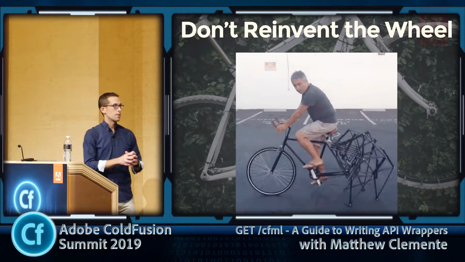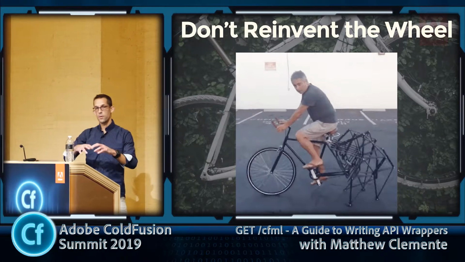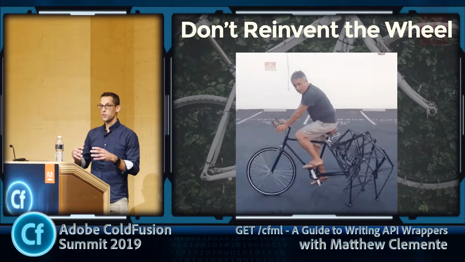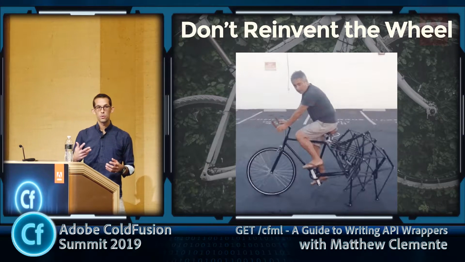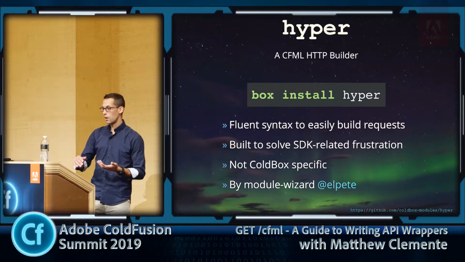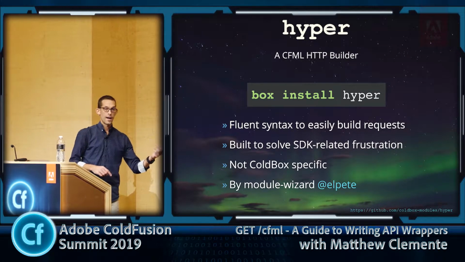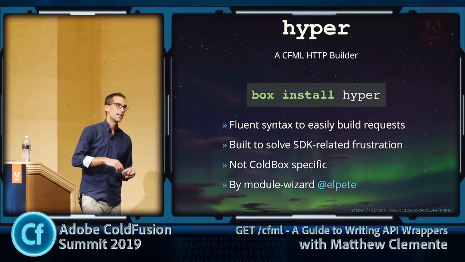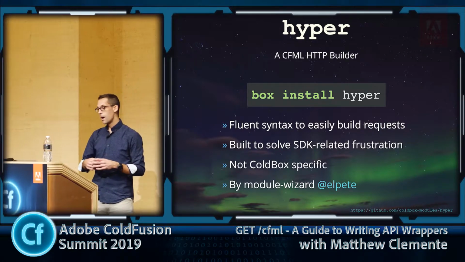When we're writing our wrappers, another note about not reinventing the wheel. You might want to run out there and you might want to write your own API wrappers from scratch. And more power to you if you do that, but you certainly don't have to. I'm going to show you 2 tools that will make the process of writing API wrappers in ColdFusion far easier. The first of them is Hyper. Hyper is by Eric Peterson, who's here, is with Ortus Solutions, and it enables you to fluently build your HTTP requests.